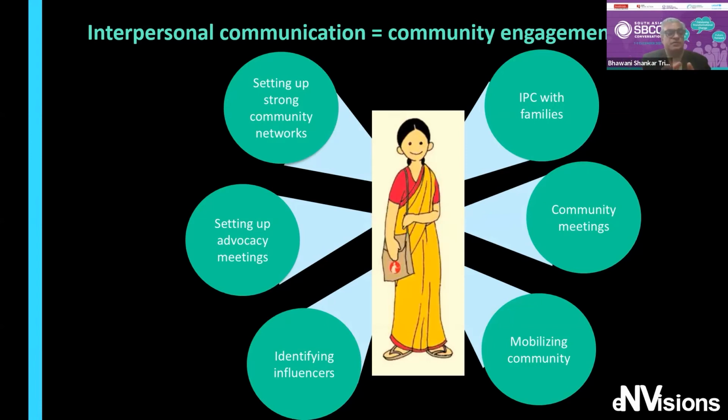Hence the shift from face-to-face communication to a whole community. Now recall the social ecological model theory, where the center is the individual, and at the community level, all other influencing factors and community members are around it.